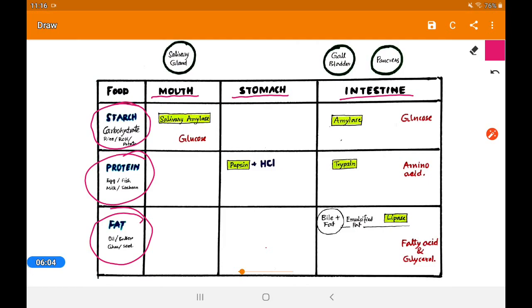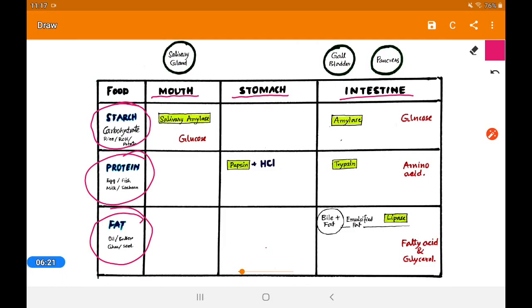And also the fat materials, like oil, butter, ghee, and different kinds of seeds and nuts. So these are the basic three types of food material that we are eating.